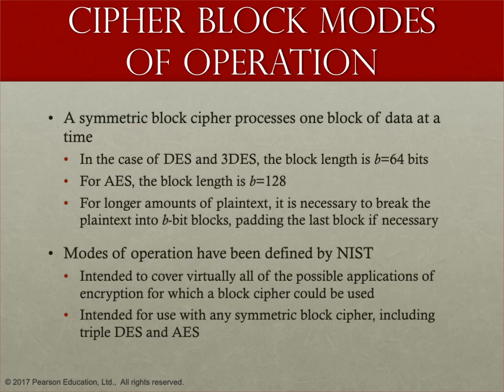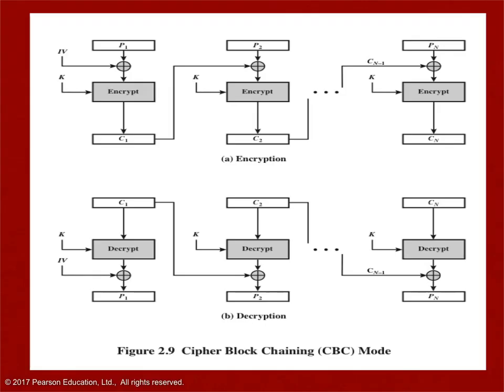The other objective, as we'll see, is to use the strength of block ciphers but generate an output which looks like a stream cipher, and that's what we need to discuss here. There are many of these modes, but I selected three of them. The first one is called cipher block chaining.